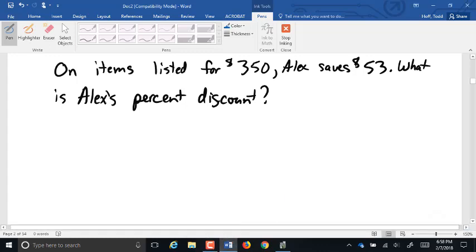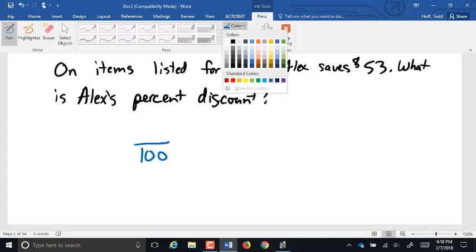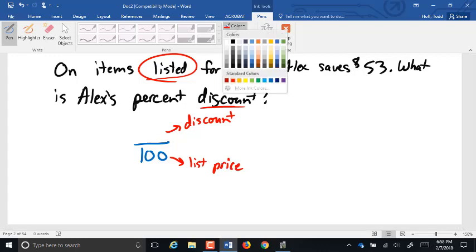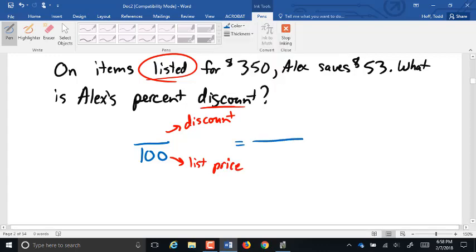So in this problem, we don't have the percent. So it's blank over 100. But this is a discount problem, so that percent does represent the discount. The 100 is representing the base amount, which in this case would be the list price, which is, you are exactly correct, the $350. That's the list price.